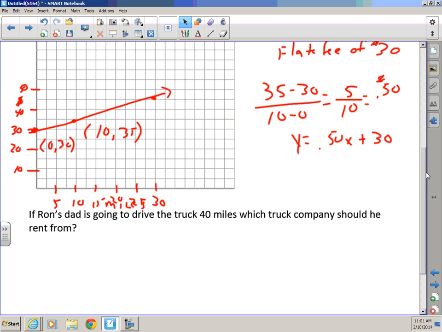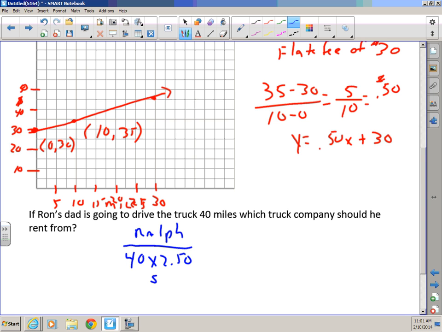Well, for Mike and Ralph, let's do Ralph. Ralph, since it's simply $2.50 a mile, 40 times the 2.50 is $100. While for Mike, it's 50 cents times 40 plus the 30, or $50.